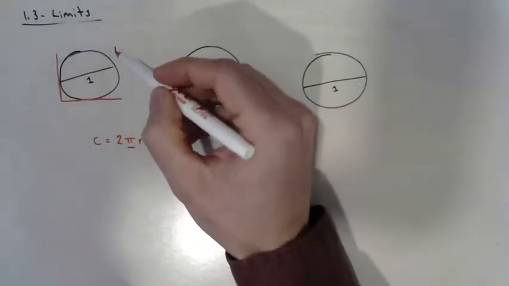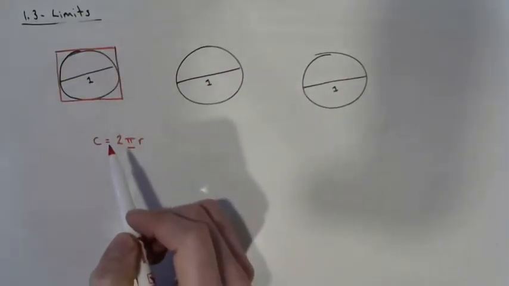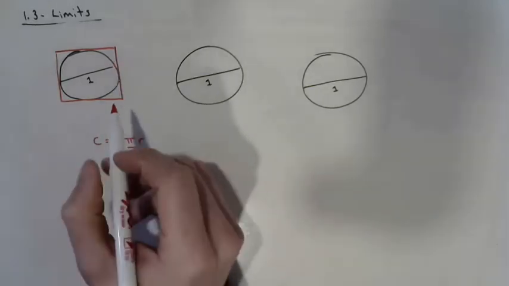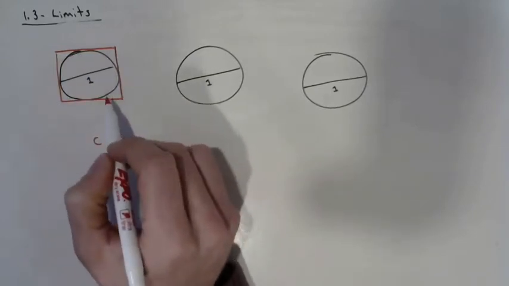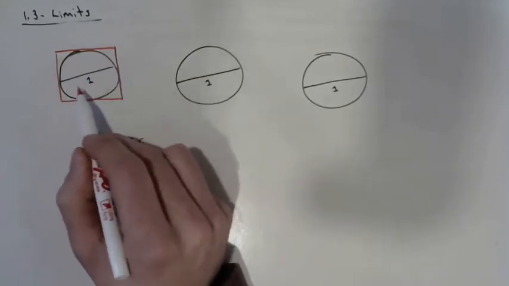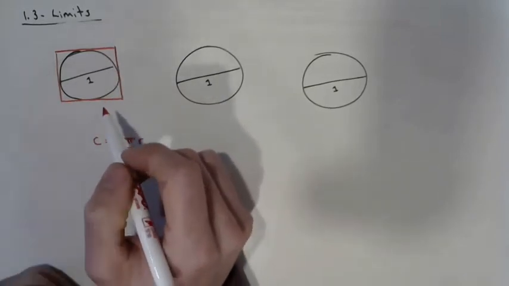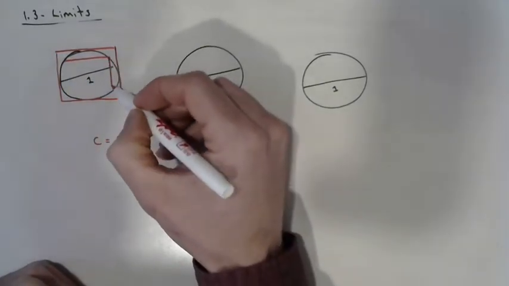And so he took a square on the outside of that circle and found the upper bound for the value of pi, an estimation of pi, that is 4 units. We can see the perimeter of this square is 4 units. And he said, well, why don't I draw another square on the inside?